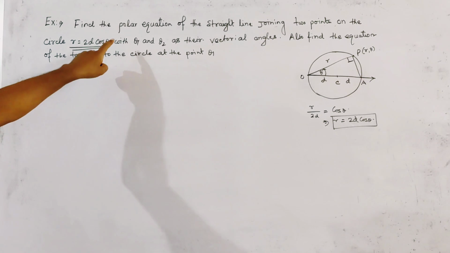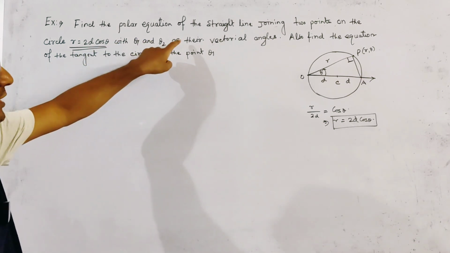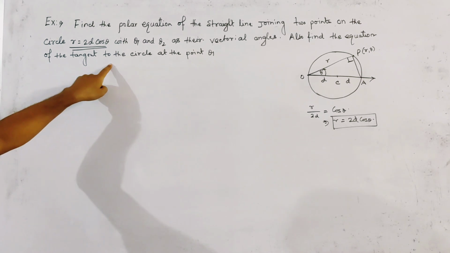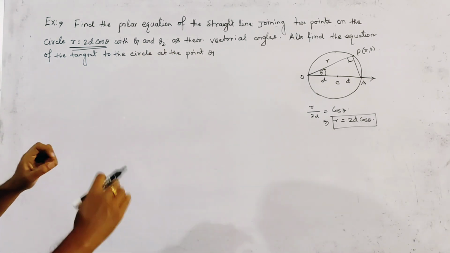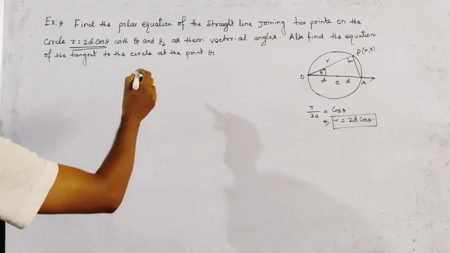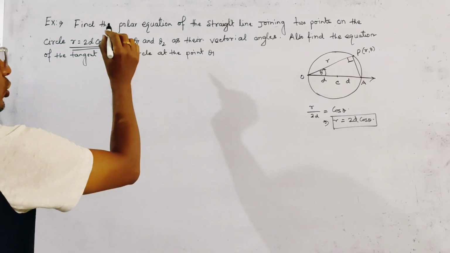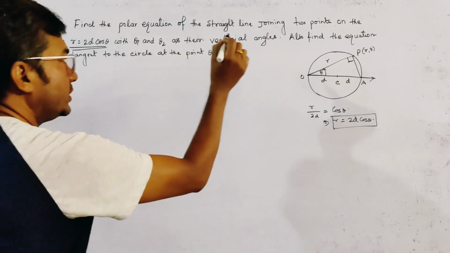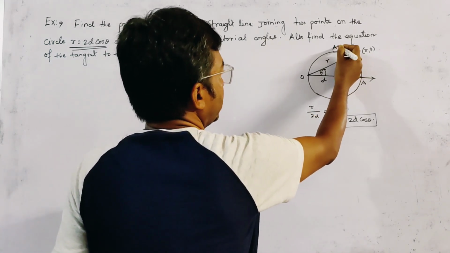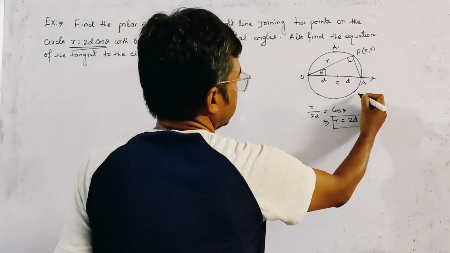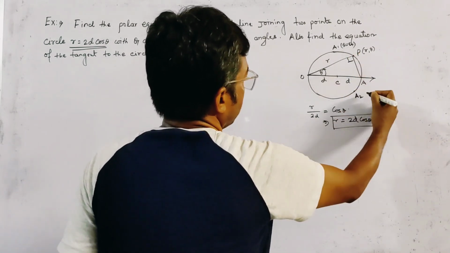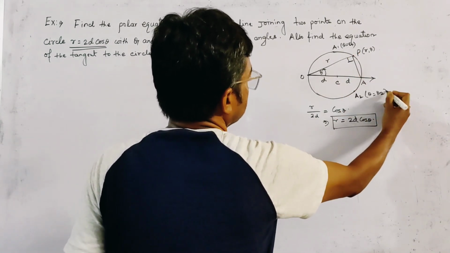So we get r = 2d cos theta, and this relation is given. With theta 1 and theta 2 as their vectorial angles, we also have to find the equation of the tangent to the circle at that point. So we have to find the equation of the straight line joining two points on the circle. Let one point be A1 and the other point be A2. Here the vectorial angle theta equals theta 1, and here theta equals theta 2.